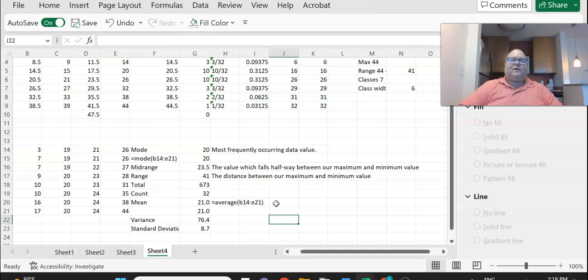So what our standard deviation tells us is how widely spread our values are around the mean.